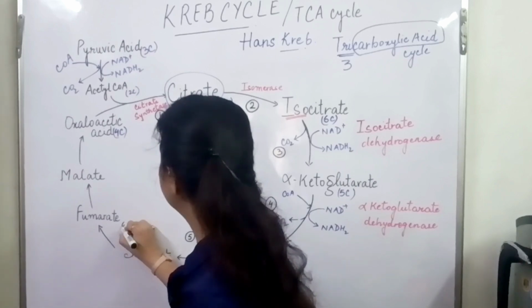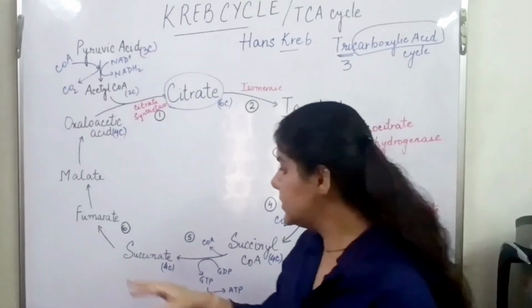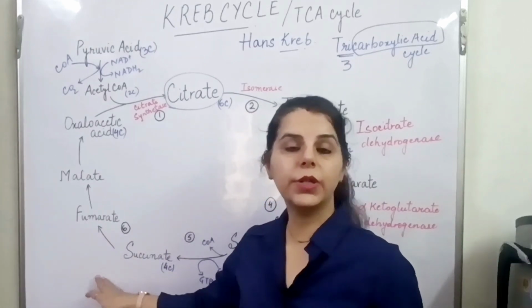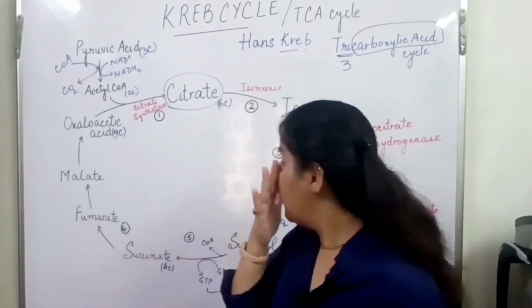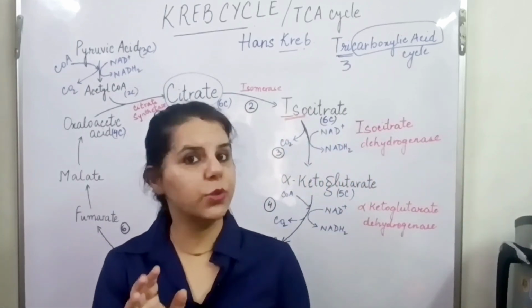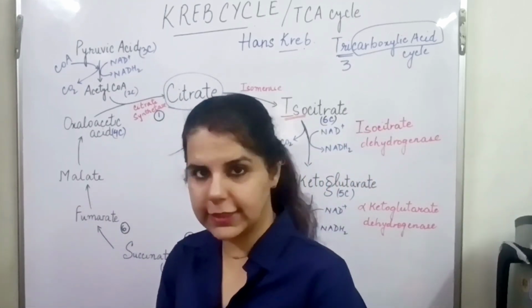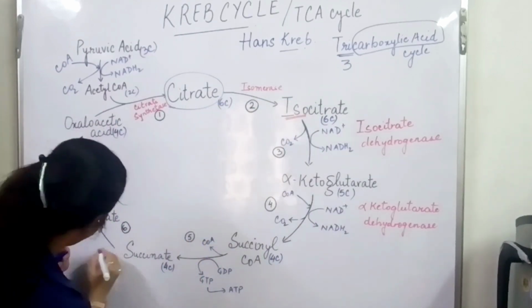This is our reaction number 6. Now, this particular step is also a redox reaction, but the substrate that is being reduced here is not NAD. The substrate here is FAD.